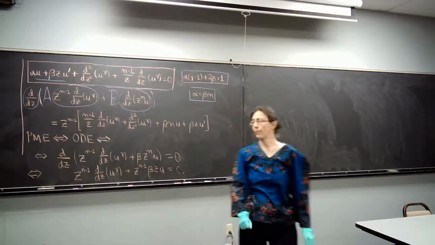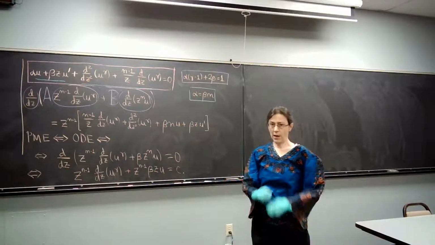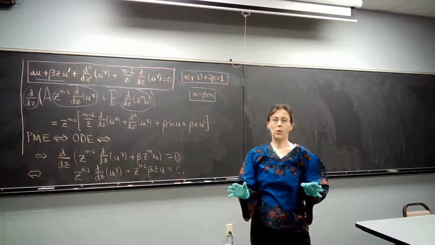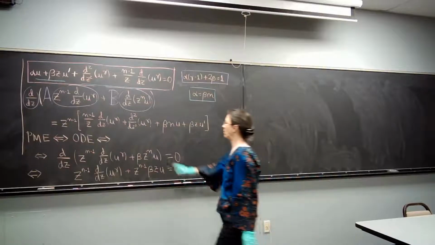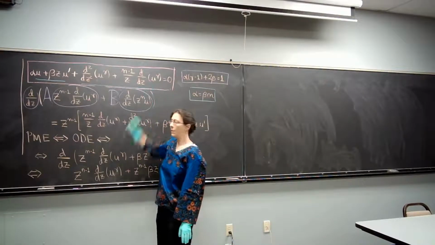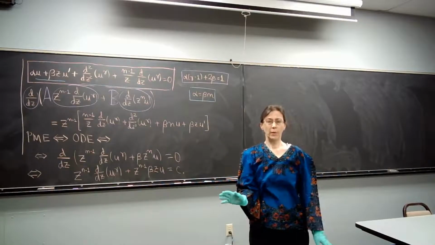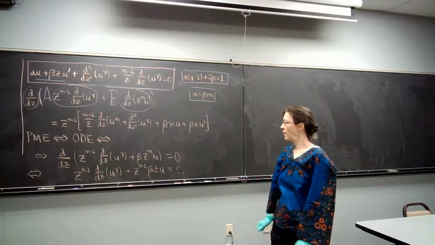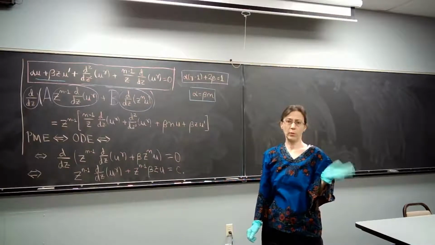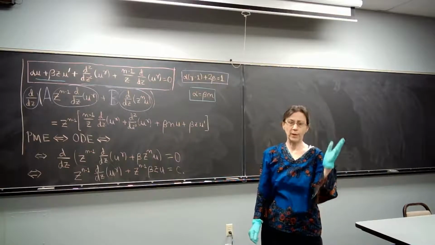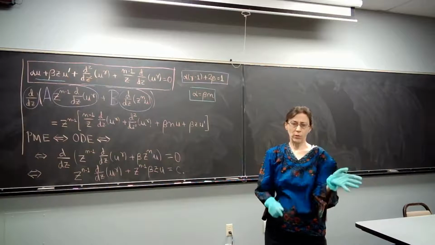But here's the thing. A and B are both non-zero, because these terms have to be present, and these terms have to be present. So neither one of A or B is 0. And so you might as well just choose A to be 1. Or choose B to be 1, doesn't matter.